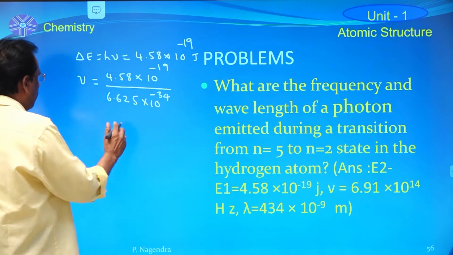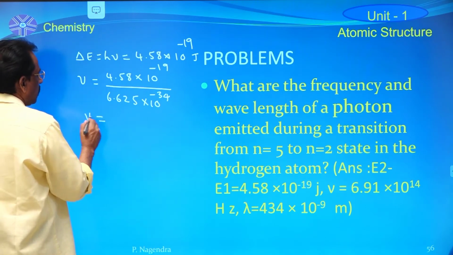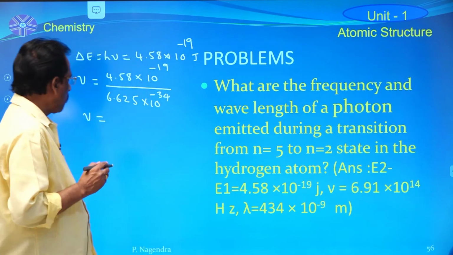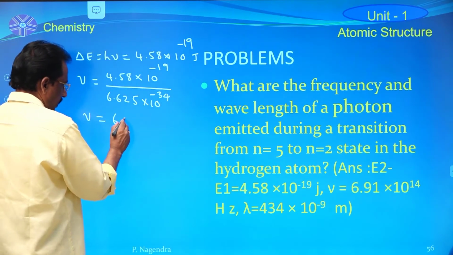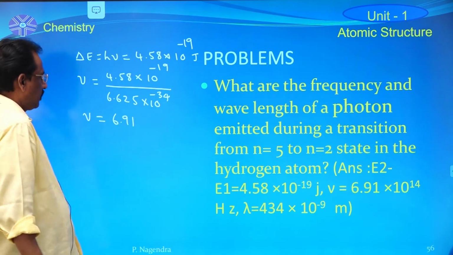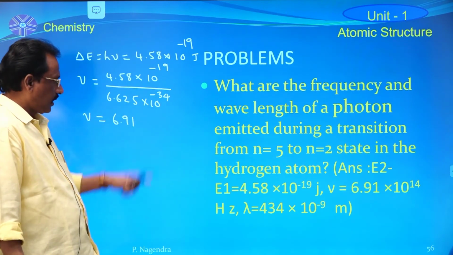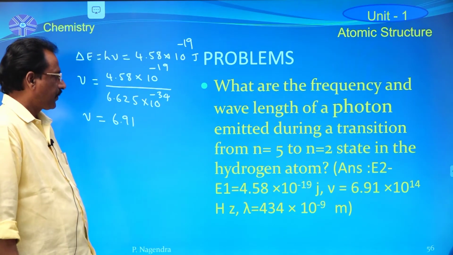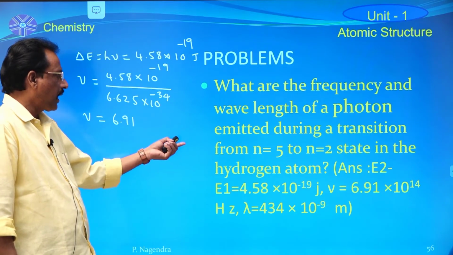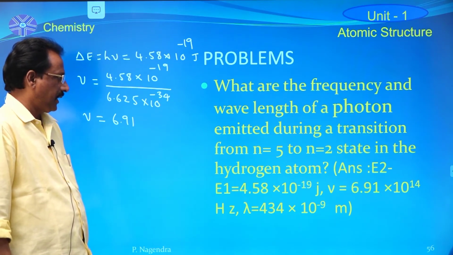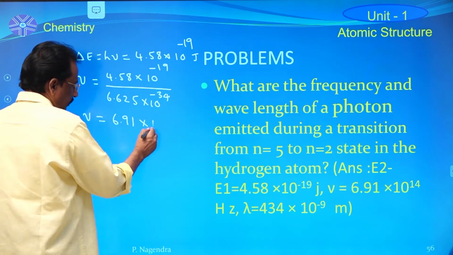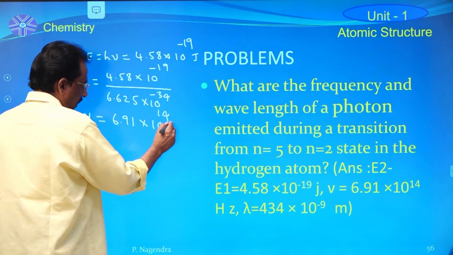Therefore, the frequency of that spectral line is equal to this much, 6.91. After the calculation of this ratio, this is the final answer. The frequency of the spectral line, that means the third line in the Balmer series, is equal to 6.91 into 10 power 14 Hz.